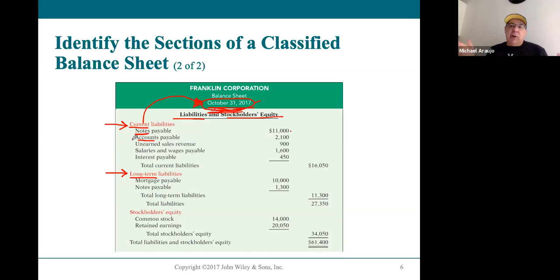The same is true if this is your business and you got a bill from Central Hudson for electric and gas. As soon as you get the bill, it becomes an accounts payable. That's going to be due within 30 days. So accounts payable is that general category of bills that are due within 30 days.